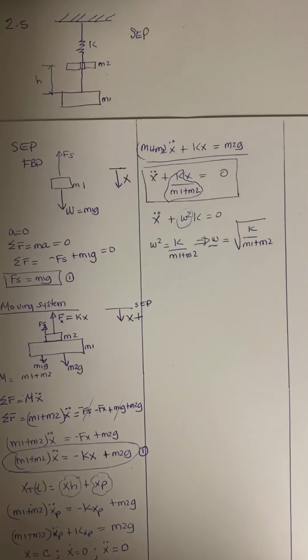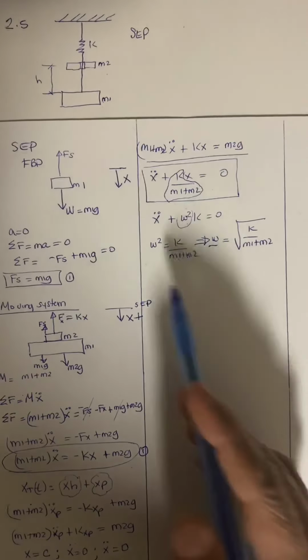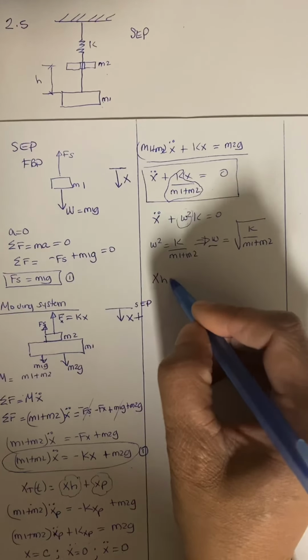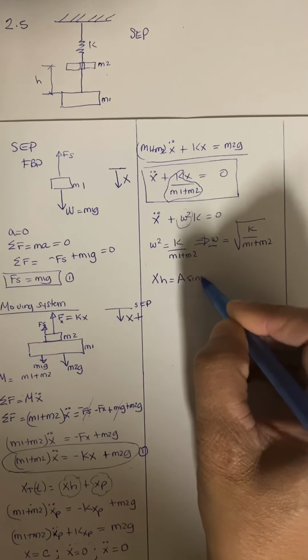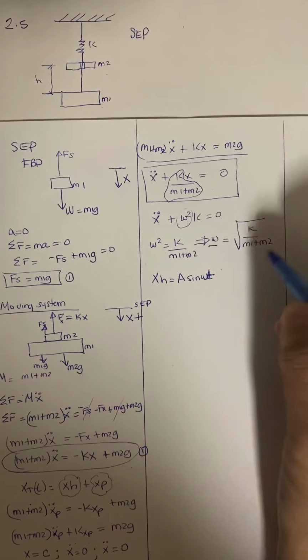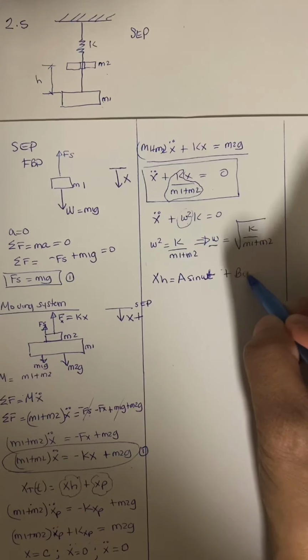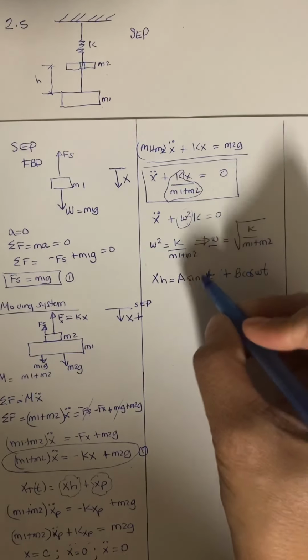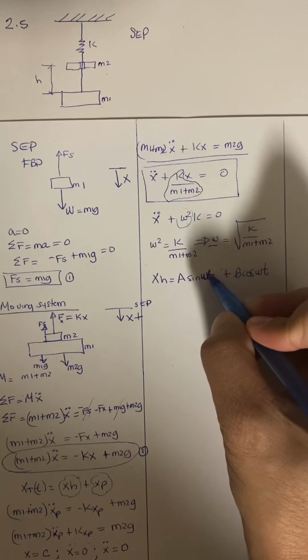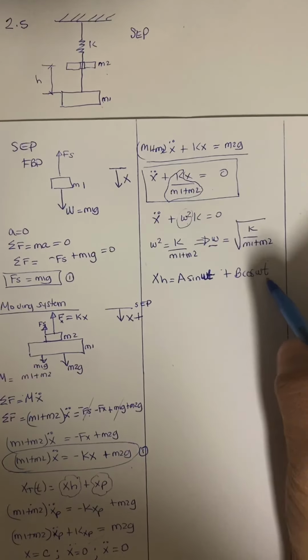Now, let's notice that the homogeneous solution of this equation looks like this. It's A sine wt plus B cosine wt.